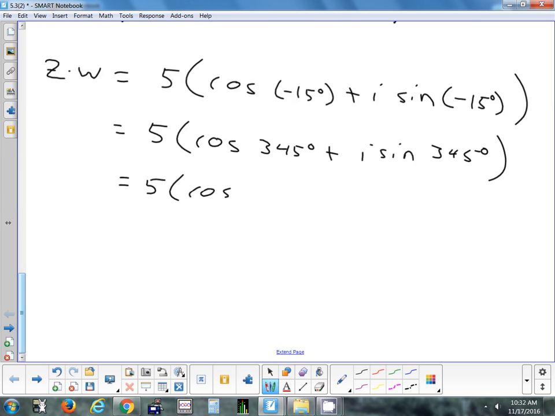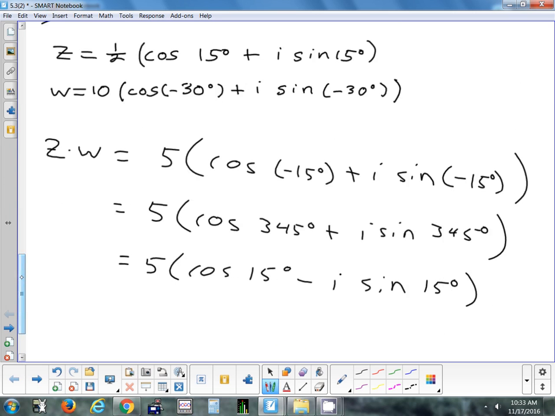With the cosine, you can get rid of the negative. Negative makes no difference on the cosine part. But on the sine part, it does. You can't get rid of it. But you can do what Eden just said. You can move the negative in front. Okay, so minus i sine 15. All three of those answers are correct. It's just a matter of if they ask you to get rid of the negative or not.